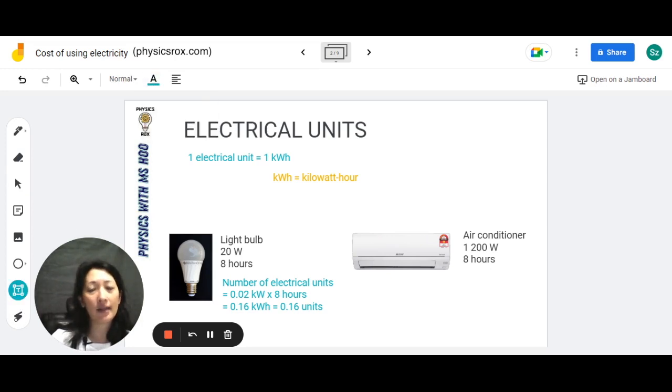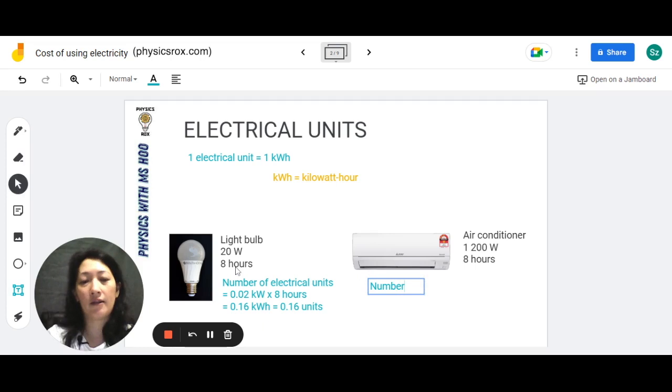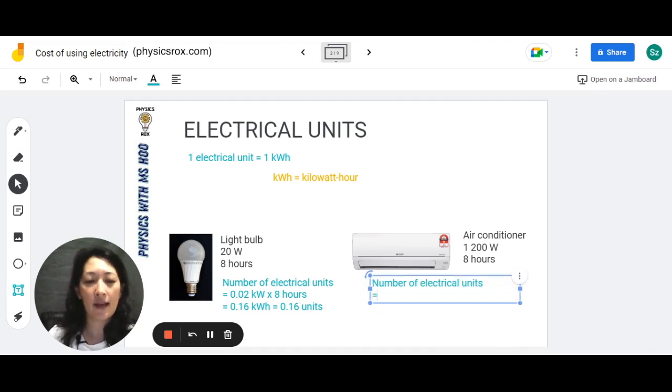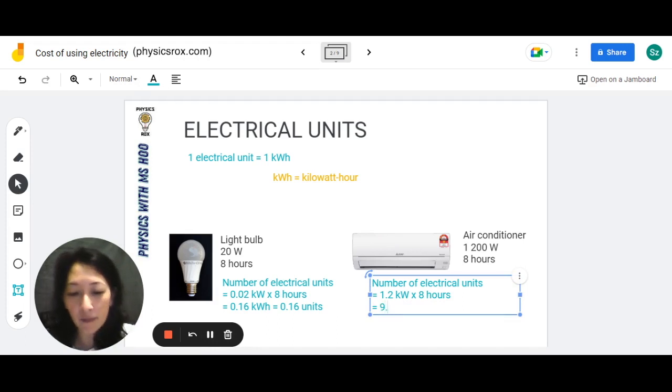So to calculate this aircon's usage, the number of electrical units: 1,200 watts divided by 1,000 gives you 1.2 kilowatts, times 8 hours, and you would get 9.6 kilowatt hours, which is basically 9.6 electrical units.